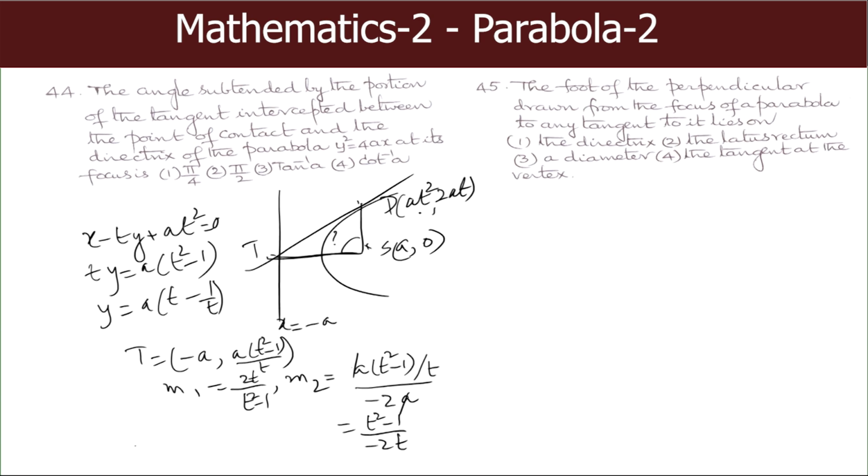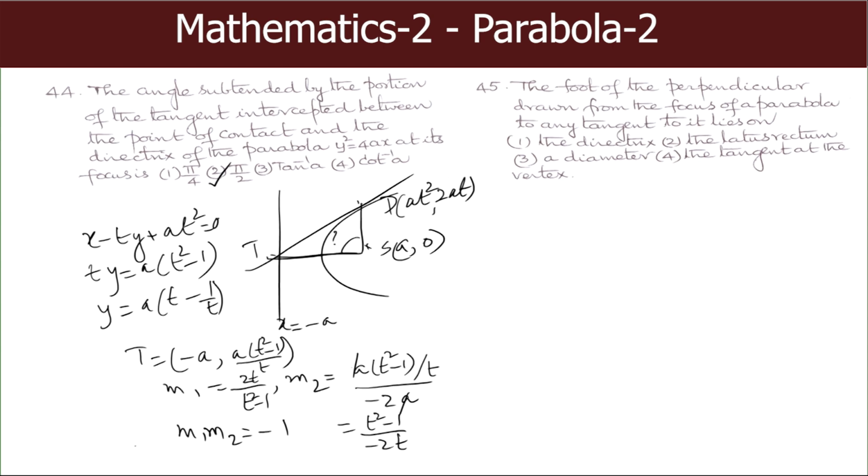Slope of SP is 2at - 0, 2at by a(t² - 1). A can be cancelled, 2t by t² - 1. So m1 is 2t by t² - 1 and m2 is (t² - 1) by -2t. So product of the slopes is -1. Follow? And therefore the angle between SP and ST is a right angle. So 90 degrees.